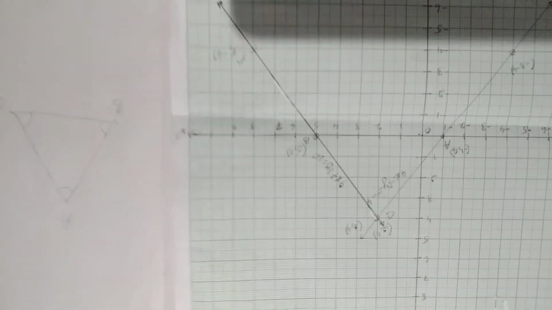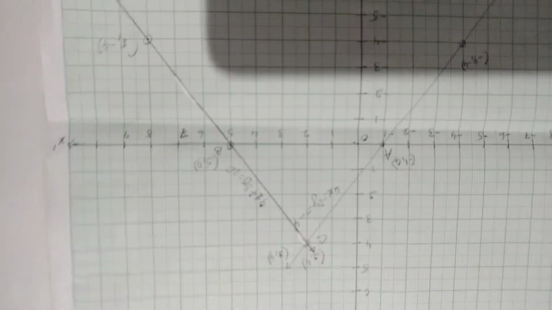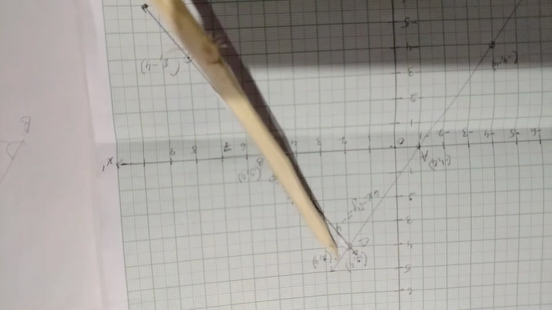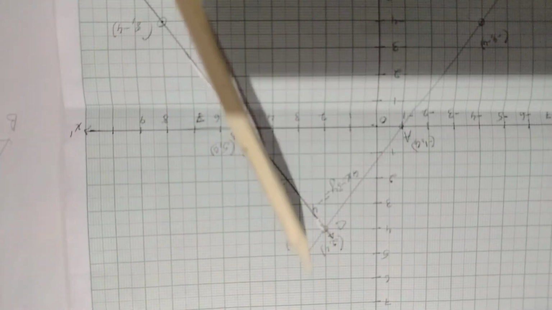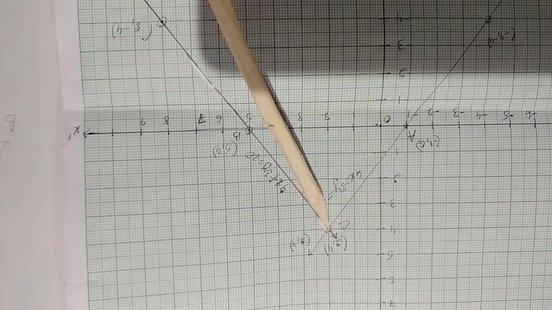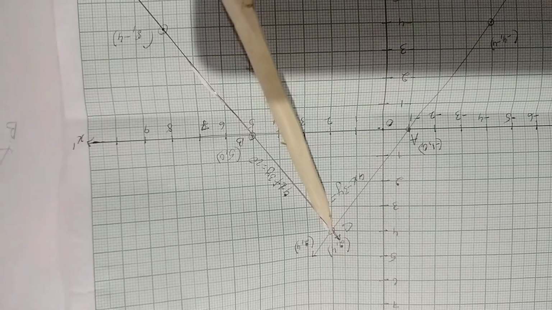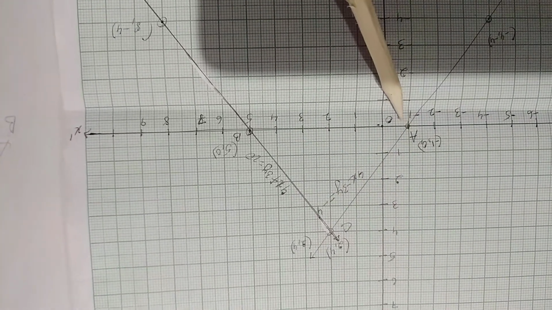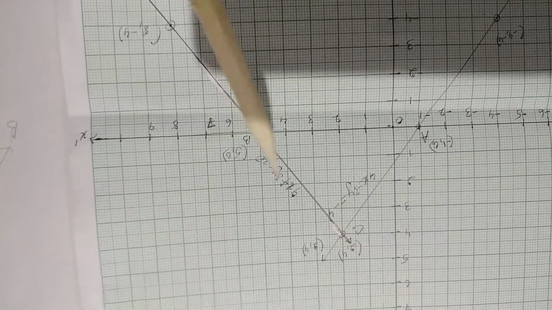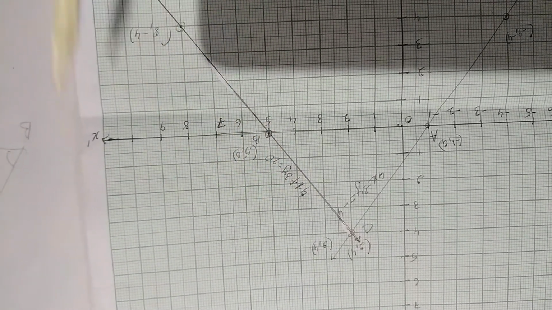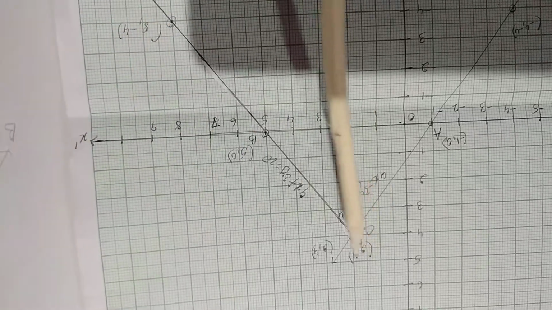Now coming to the graph, if you see this figure, it takes the shape of a triangle. So this is one point, that is one vertex, this is another, and this is the third one. Always remember, in a triangle there are 3 angles and 3 sides, so we will get 3 vertices.